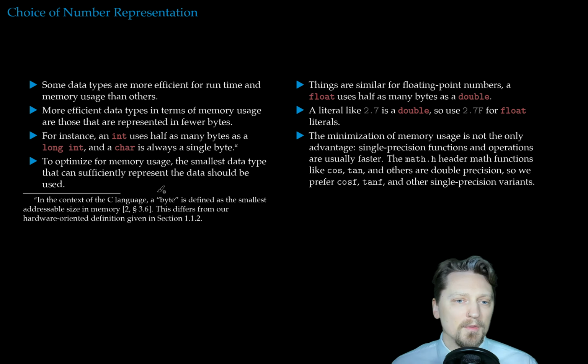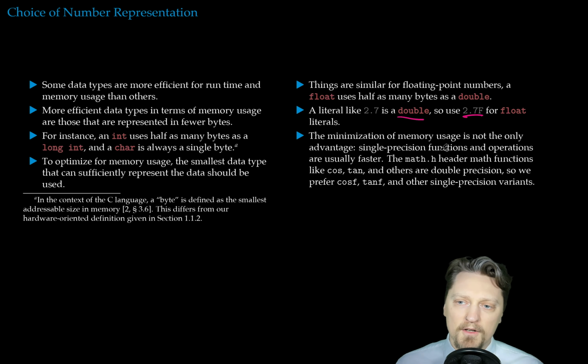It's a general principle. Things are similar for floating point numbers. A float uses half as many bytes as a double. A literal, like 2.7, is a double by default, so use 2.7f for float literals. The minimization of memory usage is not the only advantage. Single precision functions and operations are usually faster.